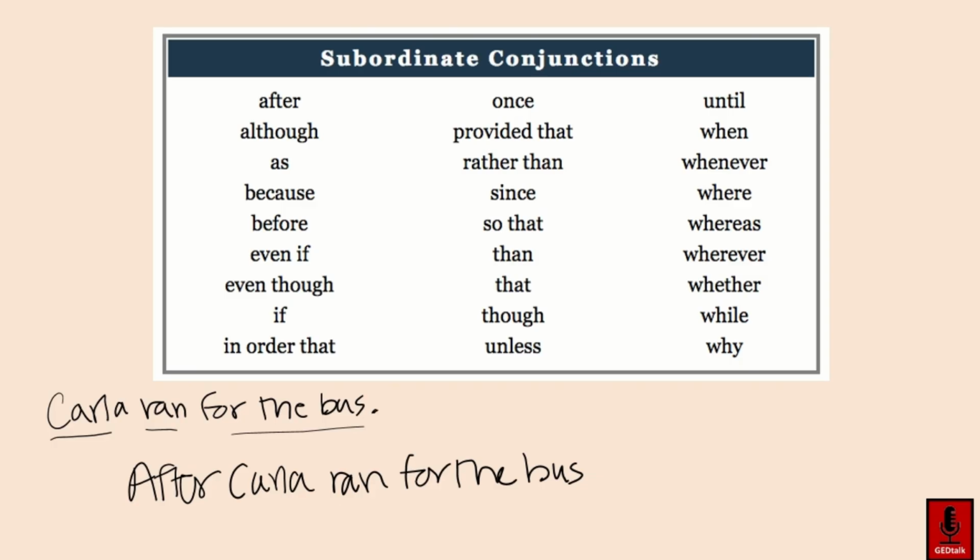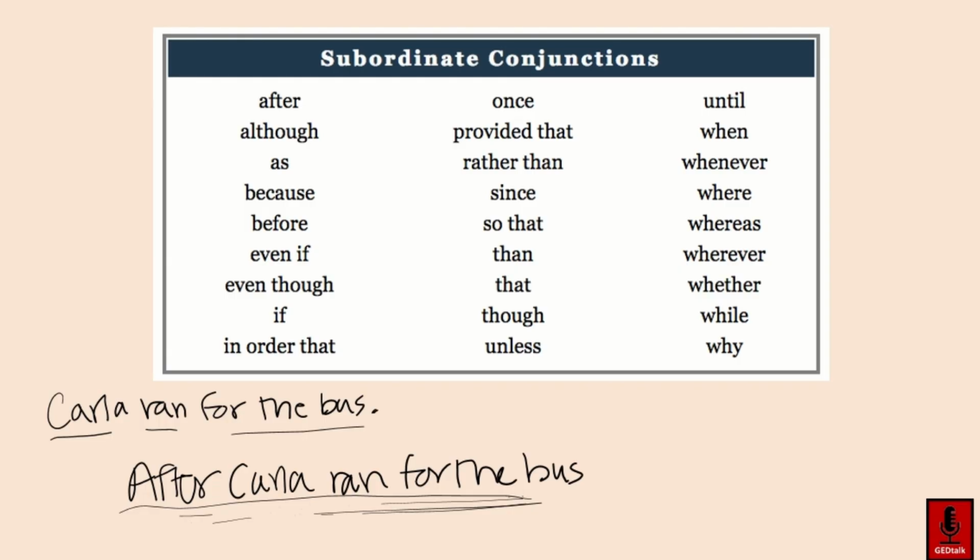After Carla ran for the bus. Don't you kind of sit there and think, well, what happened after she ran for the bus? You just made a dependent clause. You just made a subordinating clause. This cannot stand on its own. It is not a complete thought. Your reader is going to sit there scratching their head wondering, well, what happened after Carla ran for the bus?